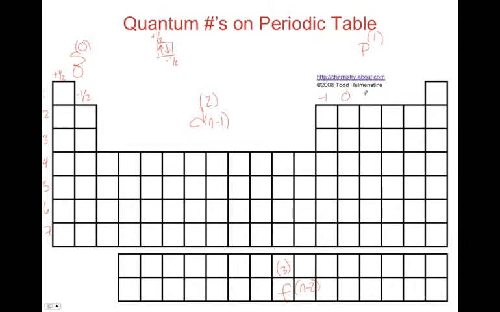Everything in this third column is in the +1 orbital. And because they're the first electron in, and I'm sorry, probably good of me to say where I got my graphics from, everything in these first 3 columns is the first electron in, so these are all positive half on the spin, which means these are all the second electron in, which means these are all going to be negative half. The second one into -1. Everything in this column is going to be -1. Everything is going to be 0. Everything in this column is going to be +1. And I'm hoping maybe you can see a pattern.